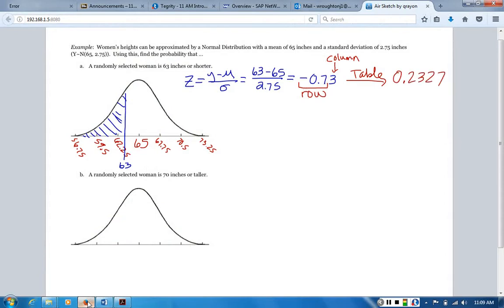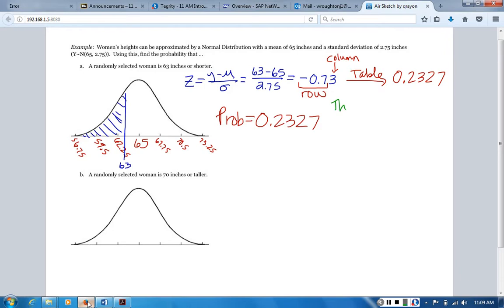Now, since our picture matches, that actually means for us that the probability really just is that 0.2327. So last, if we're going to interpret this, let's see if this seems reasonable to us.